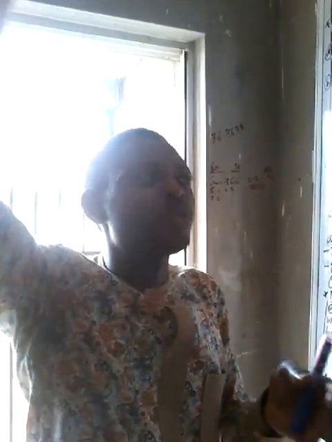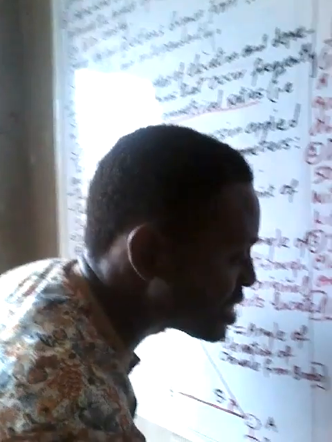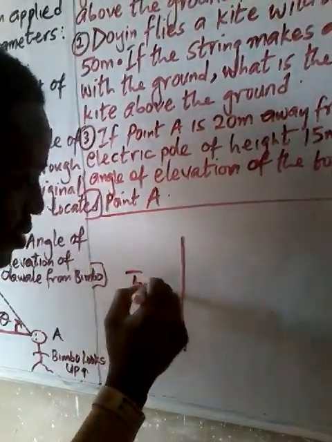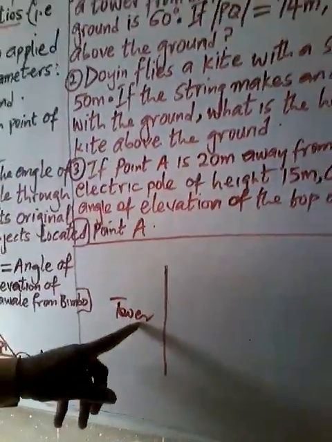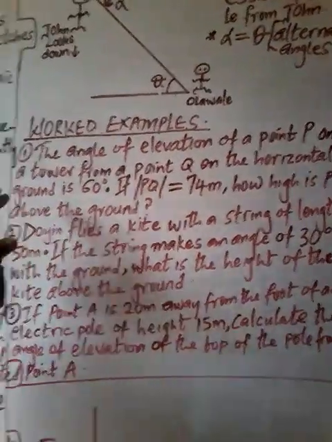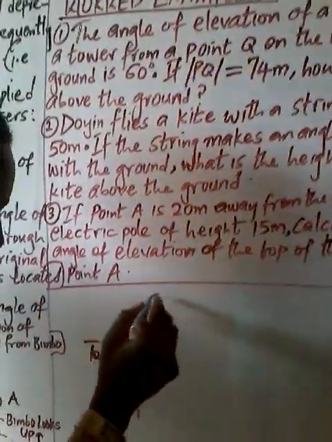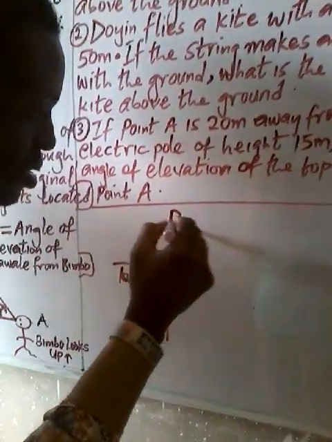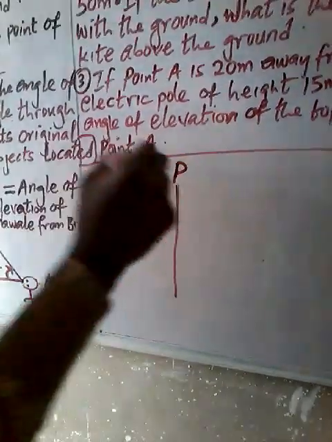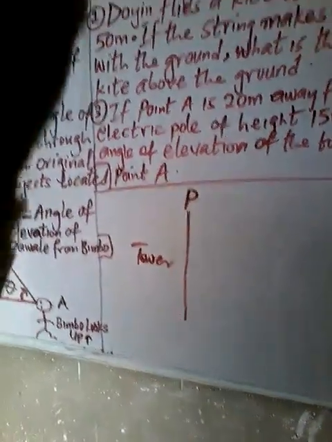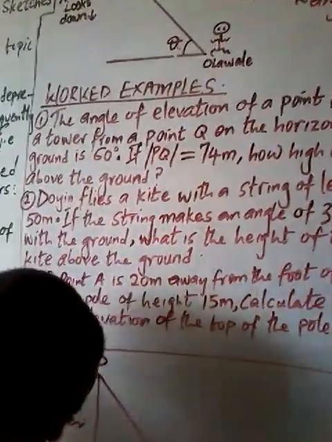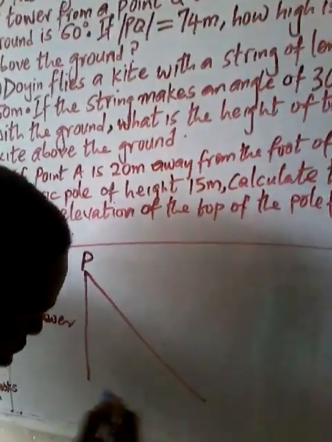Say this is a tower, and this is point P, the top of the tower. From a point Q on the horizontal ground, the angle is 60 degrees.